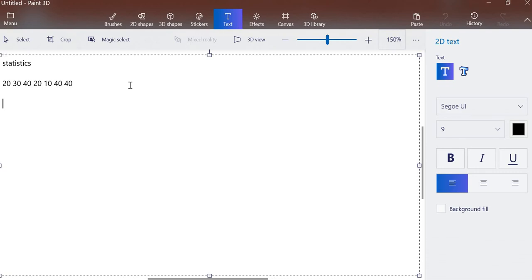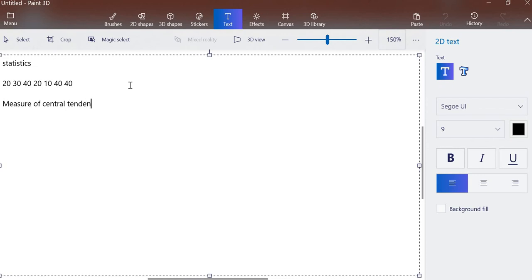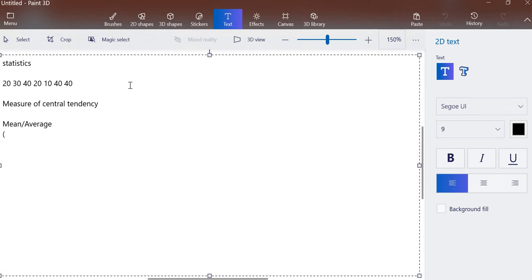We can do it based on the measure of central tendency. Okay, so the first and the most important measure of central tendency is called as mean or average. This is the most commonly used measure of central tendency. So for mean, what we do is we sum up all the numbers and divide it by the number of people available.